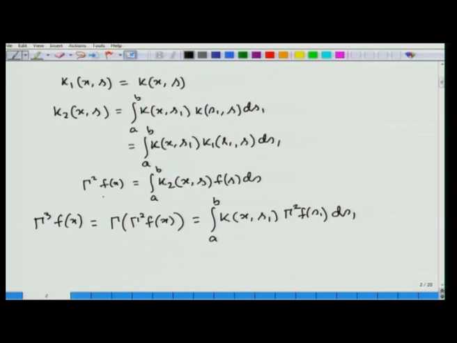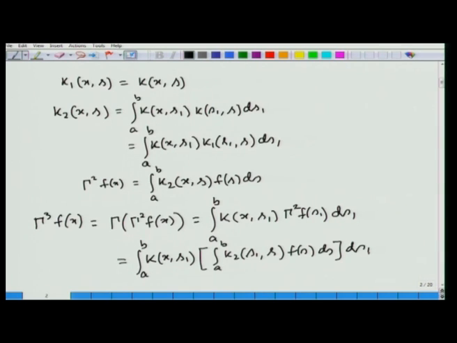Now, from here we can write Gamma 2 f(s1) will be equal to integral a to b K2(s1, s) f(s) ds, this with ds1.